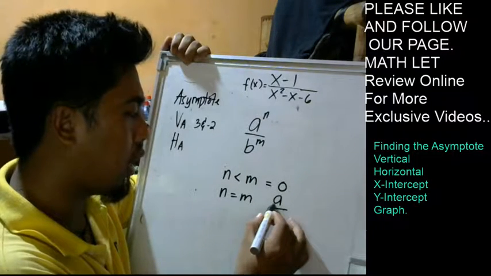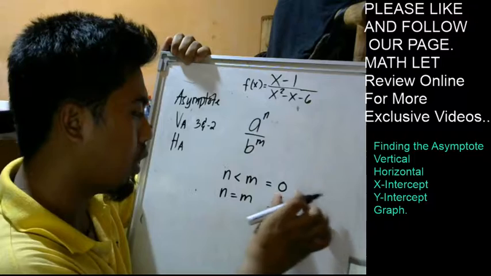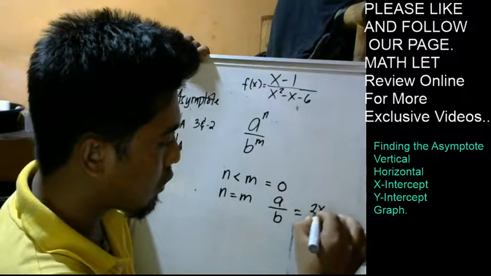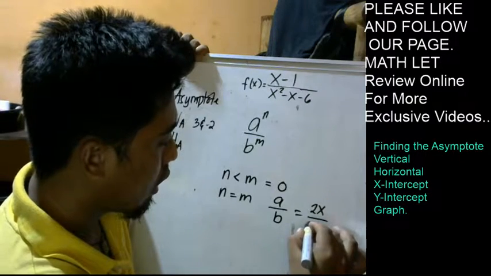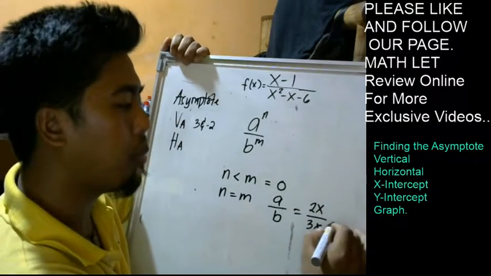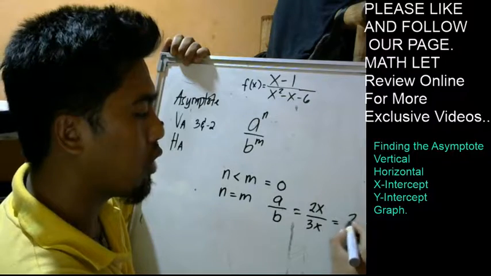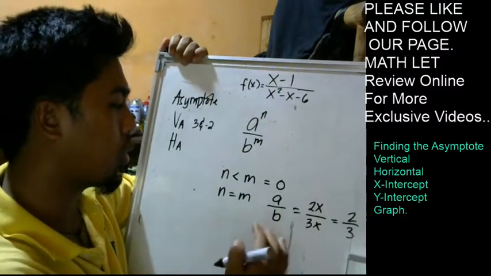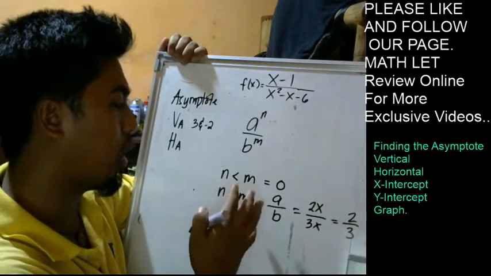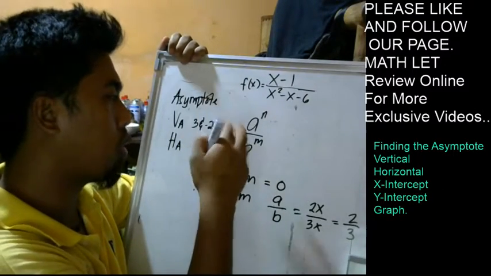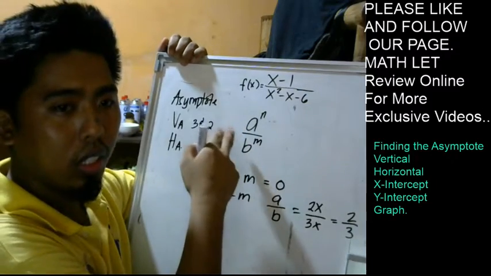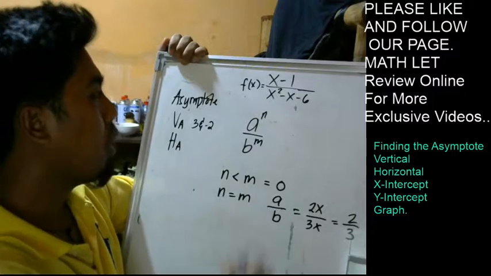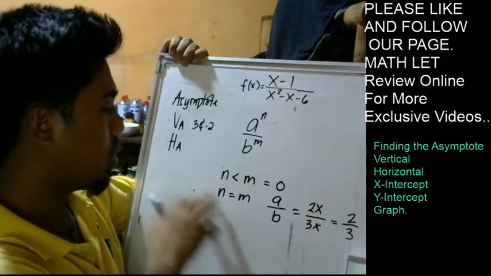Let's just say 2x over 3x. Pag ingana ang problem, of course, our horizontal asymptote is 2/3. Okay? So therefore, we conclude that if n and m are equal, then we just focus on the variable and its numerical coefficient para mahibawan nato ang horizontal asymptotes.